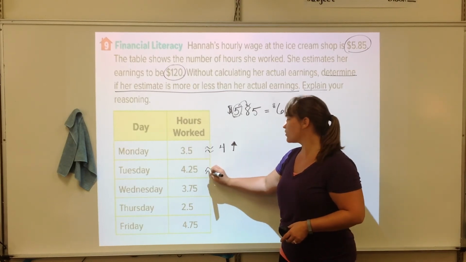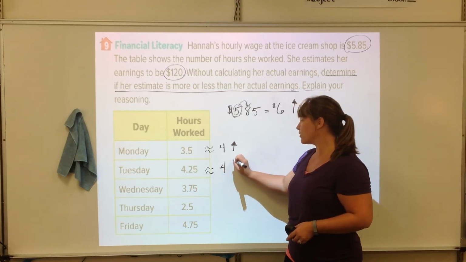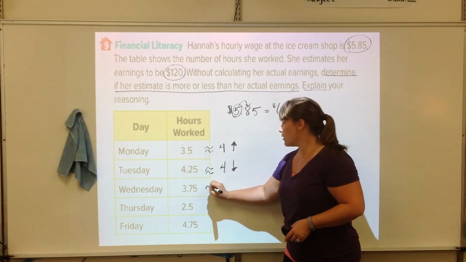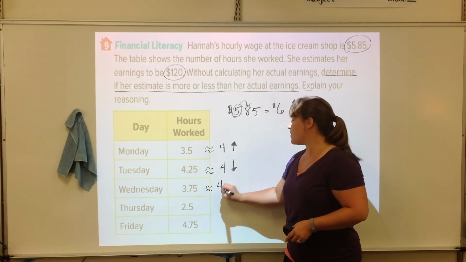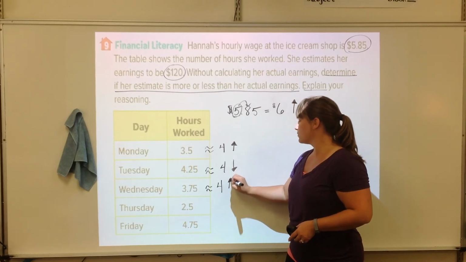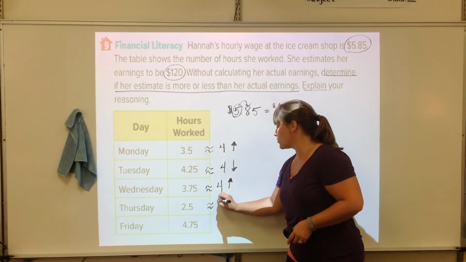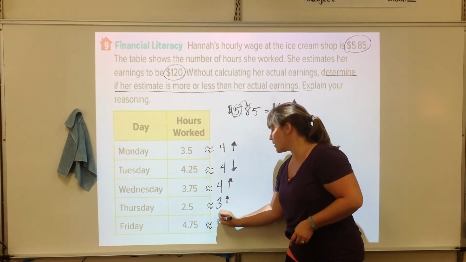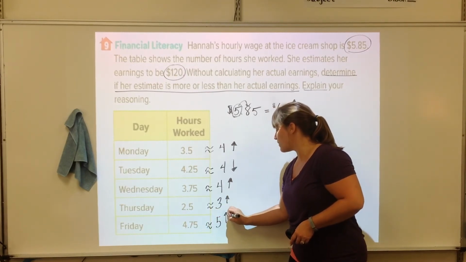4.25, I'm actually going to estimate that down to 4. I'm going to draw an arrow down. For 3.75, I'm going to bump that up to 4. 2.50, I'm also going to bump up to 3. And the last one, I'm going to bump up to 5.